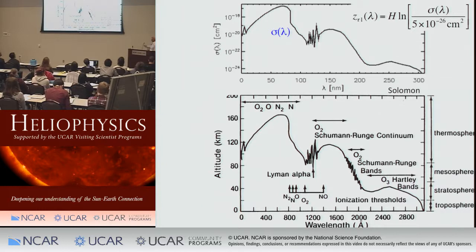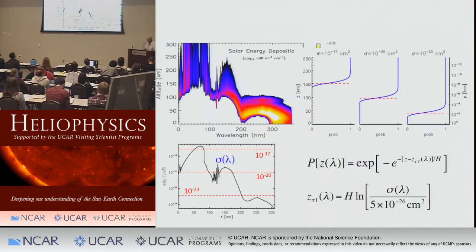And so the cross-section has this structure, fairly complicated, because these are the molecules that the photons are interacting with, and this is how strongly they interact with them. And now we say, well, if I know that cross-section, z tau 1 is just the logarithm of that cross-section divided by something. And so the cross-section does that. So z tau 1 does exactly that.